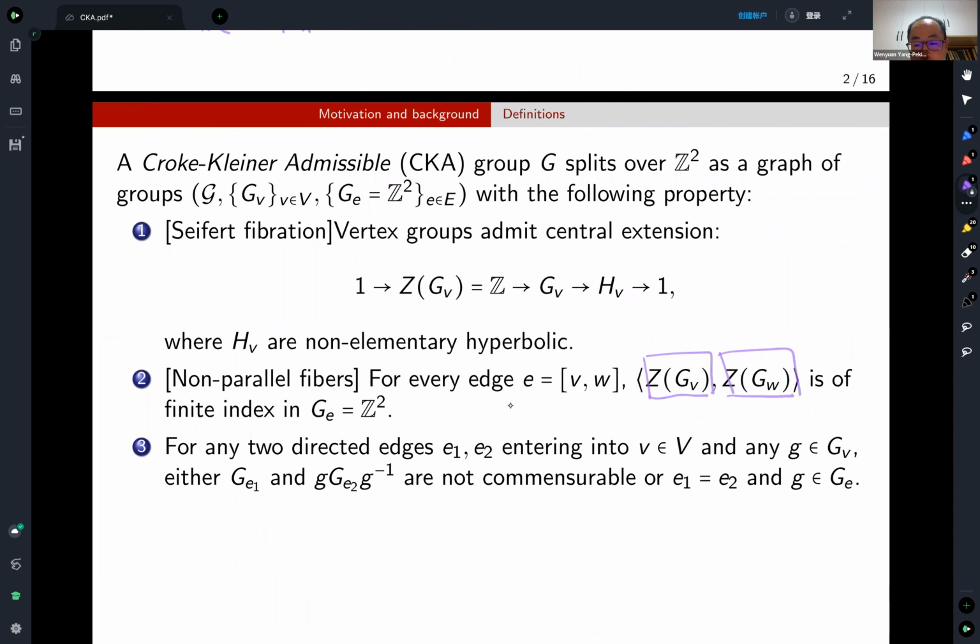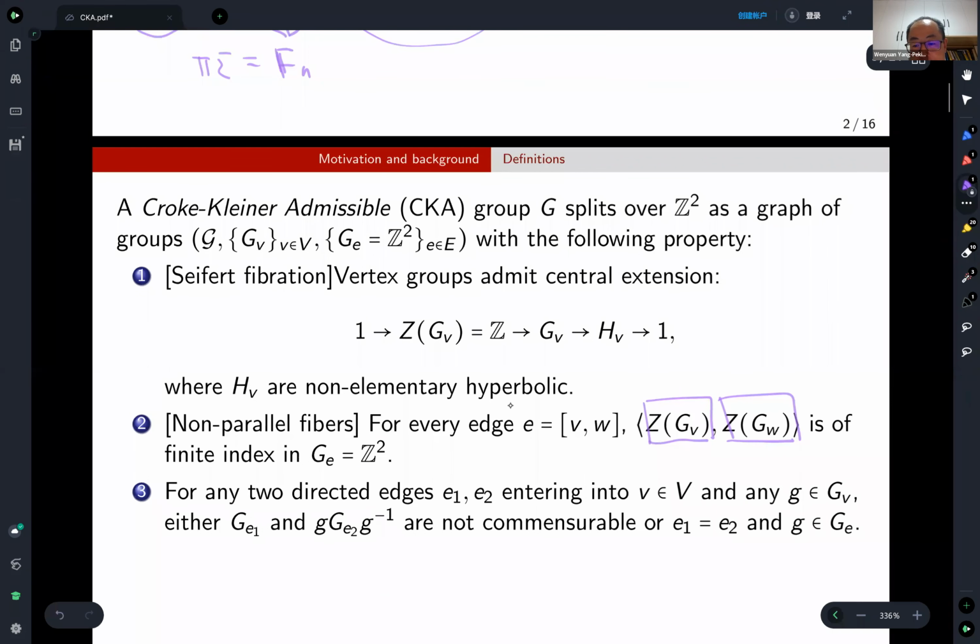We assume each of these two centers is a cyclic group, but we require that they generate a subgroup isomorphic to Z2. This means it's a finite index subgroup in the edge group.